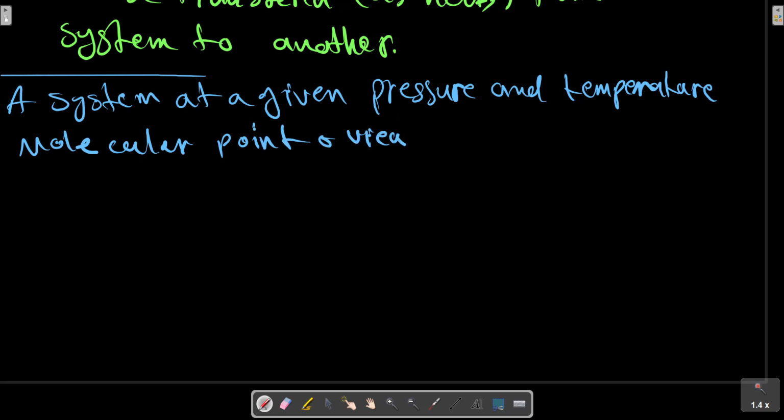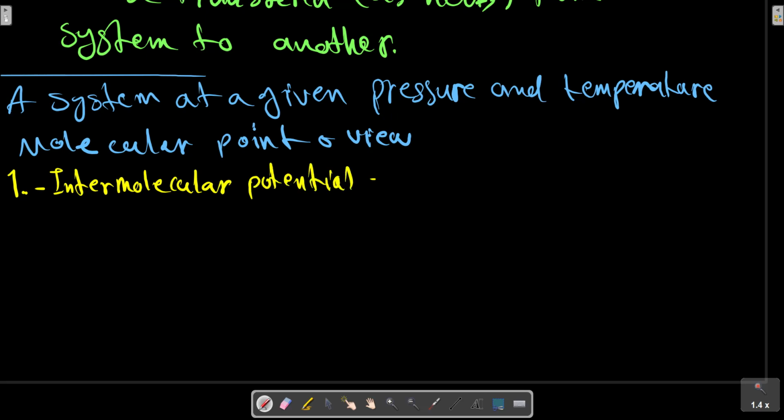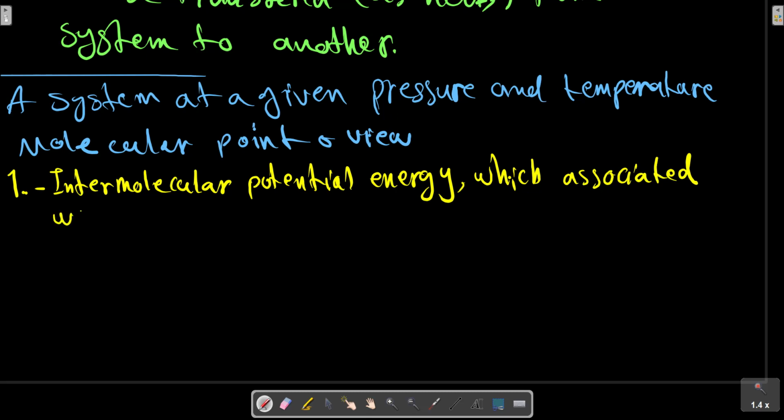One, intermolecular potential energy, which is associated with the forces between molecules.